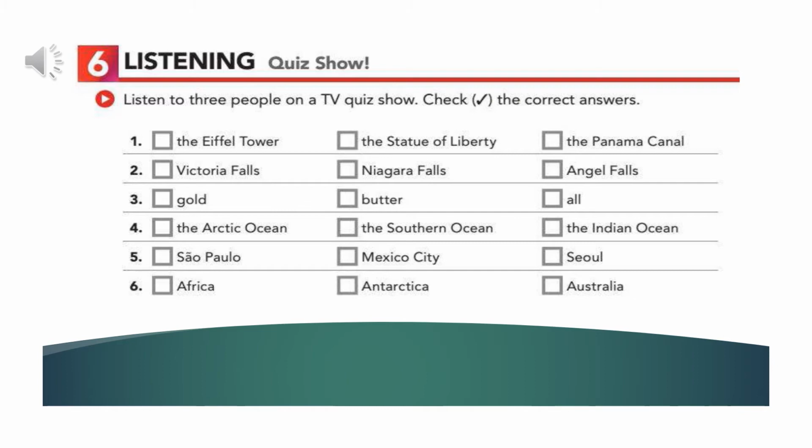Question number 5. Which city has the largest population? Seoul, Sao Paulo, or Mexico City? Rachel. Sao Paulo has the largest population. Very good. Question number 6.